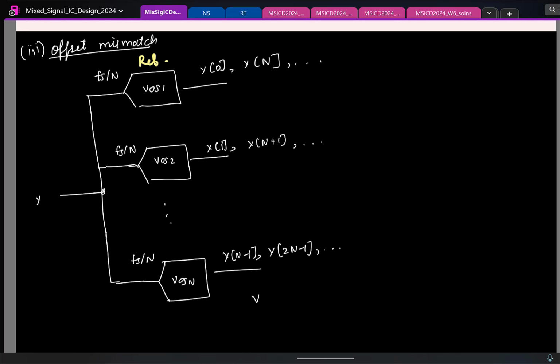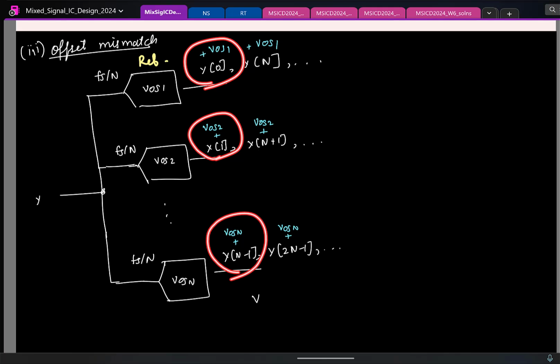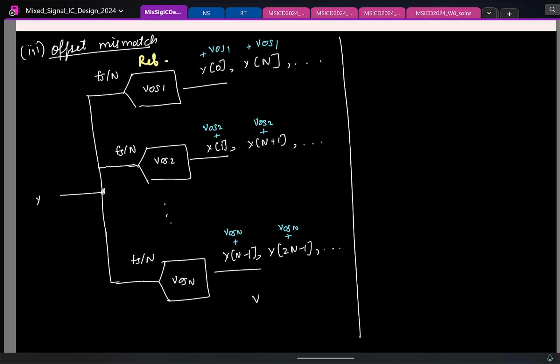Now if my ADC has an offset, in addition to this, an offset is added. So this is VOS2. This is VOSN. So finally, when I stitch all this N digital data to form a final data stream, the first sample will be from here, second is from here, and so on. So if I look at the final data, you'll have, let us say, Y of 0 plus VOS1, Y of 1 plus VOS2, and so on.